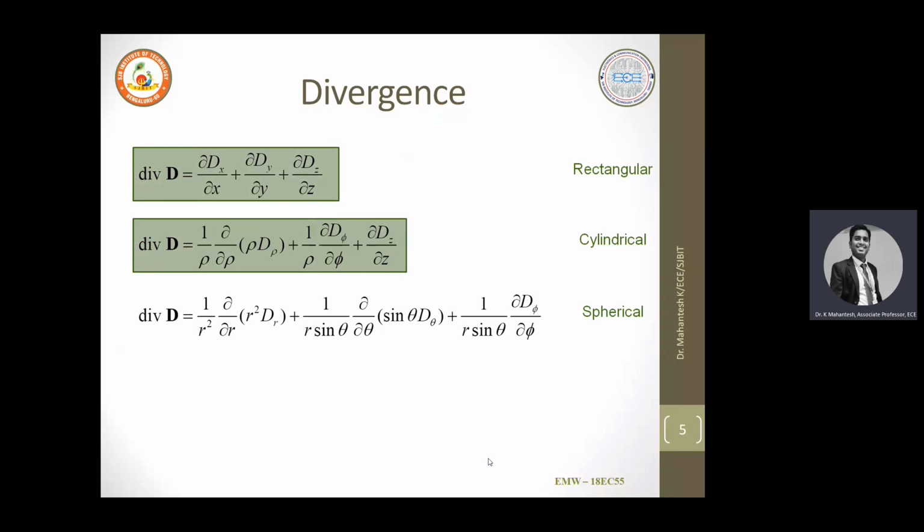In the spherical coordinate system, there is the involvement of sine theta angles, in terms of r, phi and theta. So divergence of D is given by 1/r² ∂(r²Dr)/∂r + 1/(r sinθ) ∂(sinθ Dθ)/∂θ + 1/(r sinθ) ∂Dφ/∂φ.